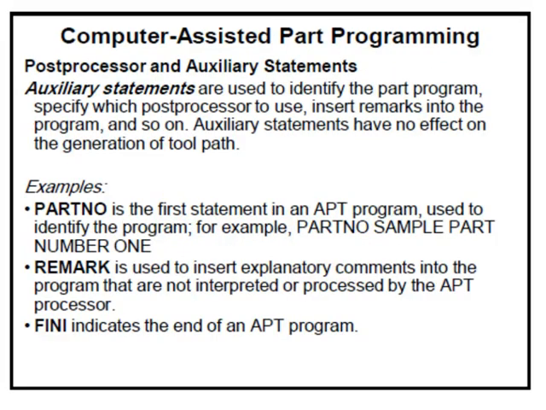Okay, next we will see what is an auxiliary statement. Auxiliary statement is used to define the part programming, specify which post processor is used, insert remarks into the program, and so on. Auxiliary statements have no effect on the generation of tool path. Example, it specifies the part number, remarks, finish, end of the program, all those things it indicates. This is an auxiliary statement.